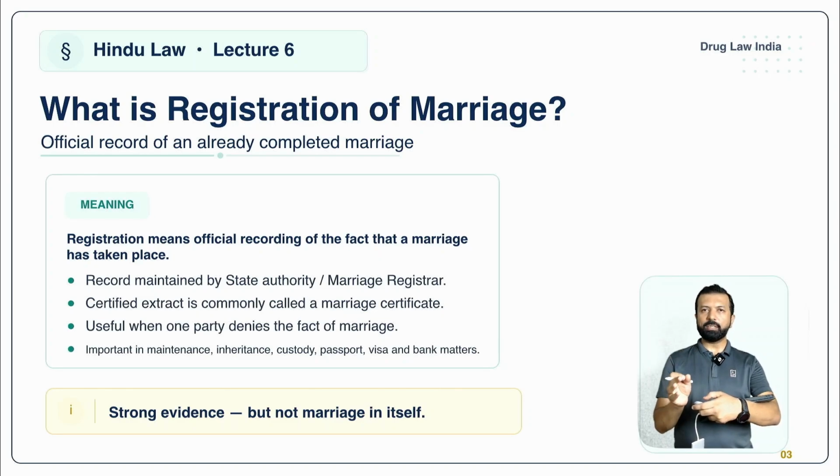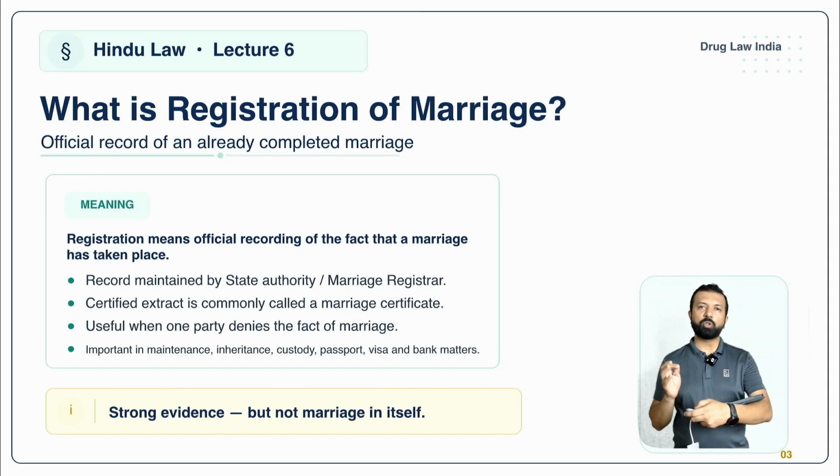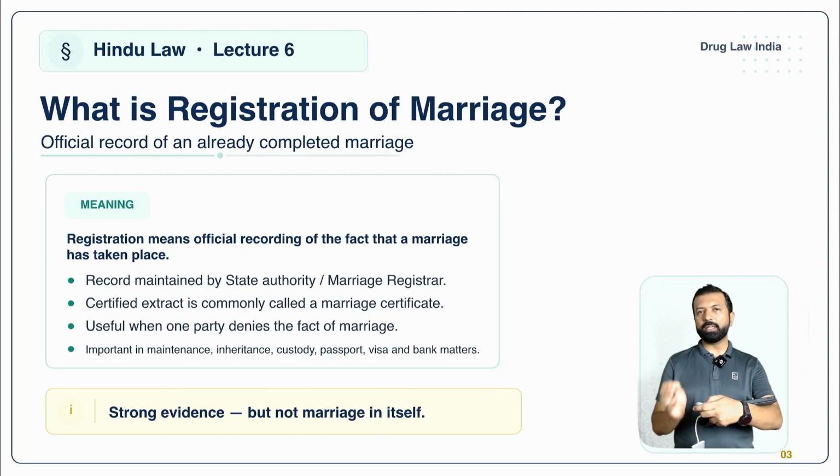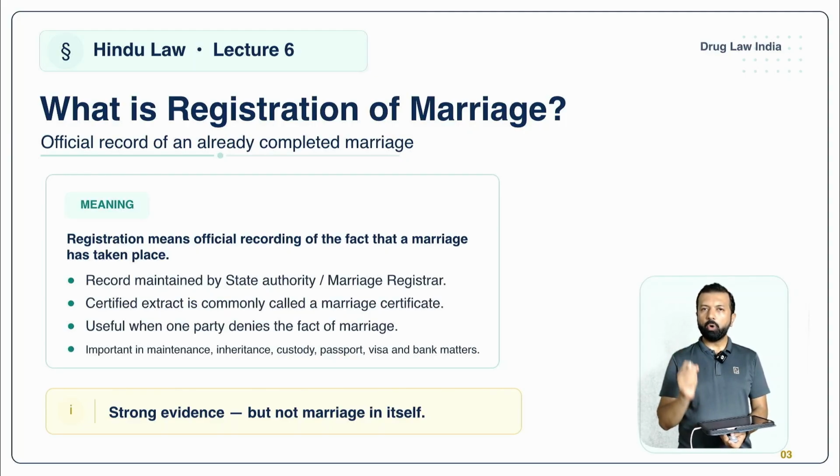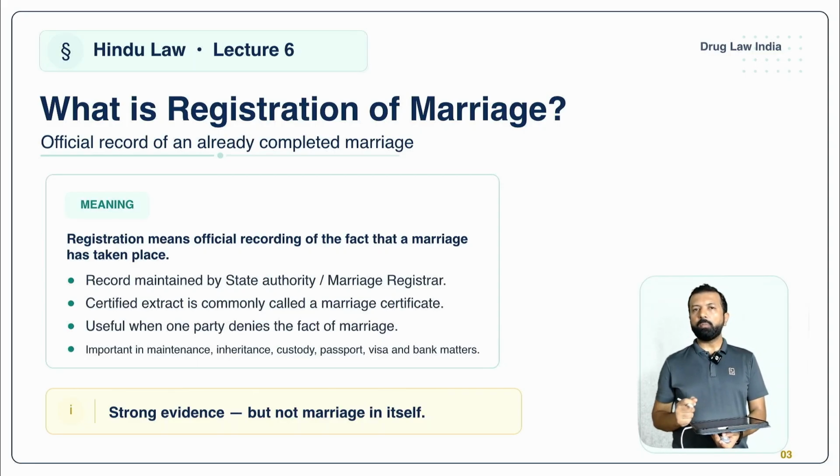In all these cases, a marriage certificate is very important because it gives documentary proof from a public authority. But remember the limitation. A marriage certificate is strong evidence, but it is not the marriage itself. A marriage certificate cannot create a marriage where no valid ceremony has been done or a legal requirement has not been fulfilled. That is the central theme of today's lecture.